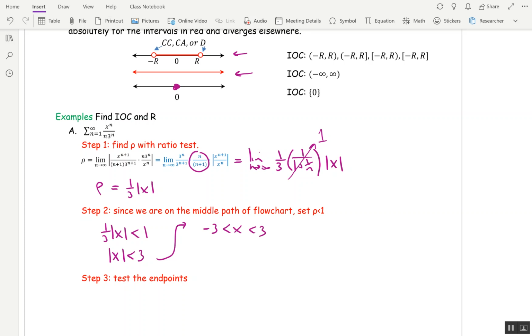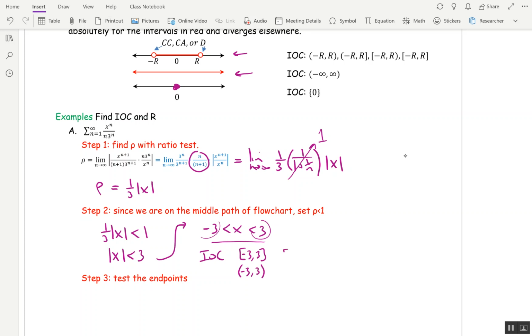So I don't know the interval of convergence yet. I do know that the series converges absolutely for all the x's in this interval, but I don't know about the endpoints. So at this point, my IOC could be one of 4 things. It could be -3 to 3, including the endpoints. It could be -3 to 3, not including either endpoint.